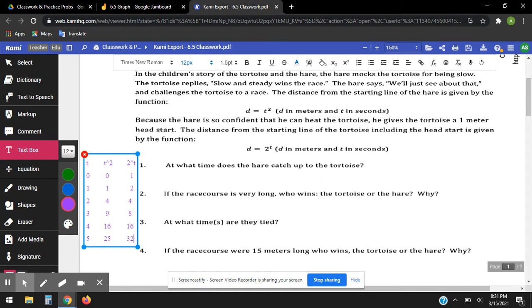So we've got some interesting stuff going on here. We notice that we've got a few spots where they match. So in looking at this, what time does the hare catch up to the tortoise? Well, it looks like at 2 seconds, right?